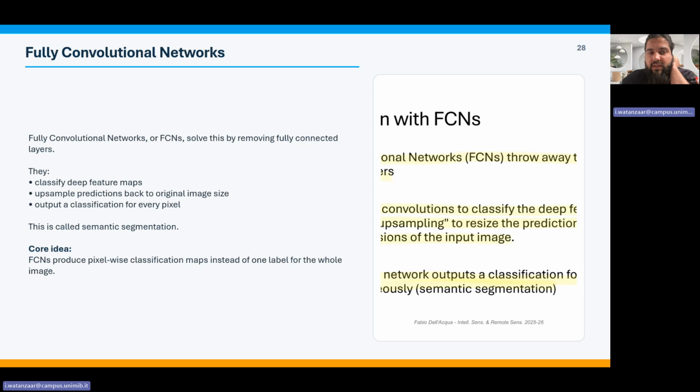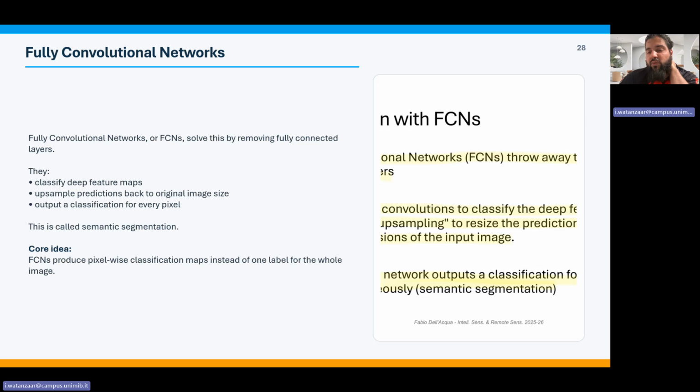So fully convolutional networks, or FCN, solve this by removing the fully connected layer. They classify the deep feature map, then upsample the predictions back to the original image size.